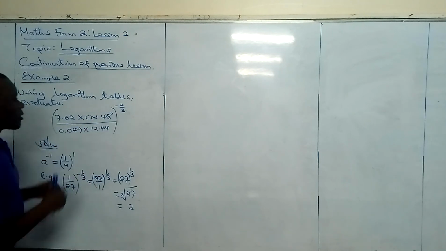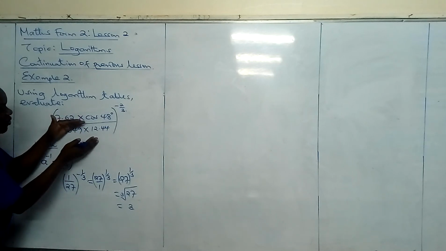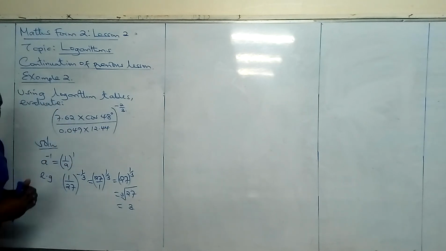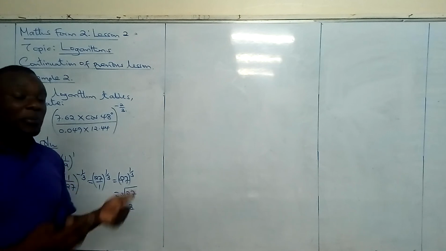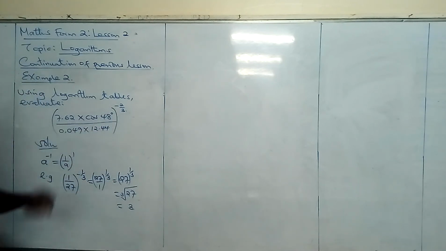Now let's come back to our question. How do we remove this minus? We will take what's in the denominator to the numerator, and what is in the numerator should be taken to the denominator for us to be able to say the negative has gone.